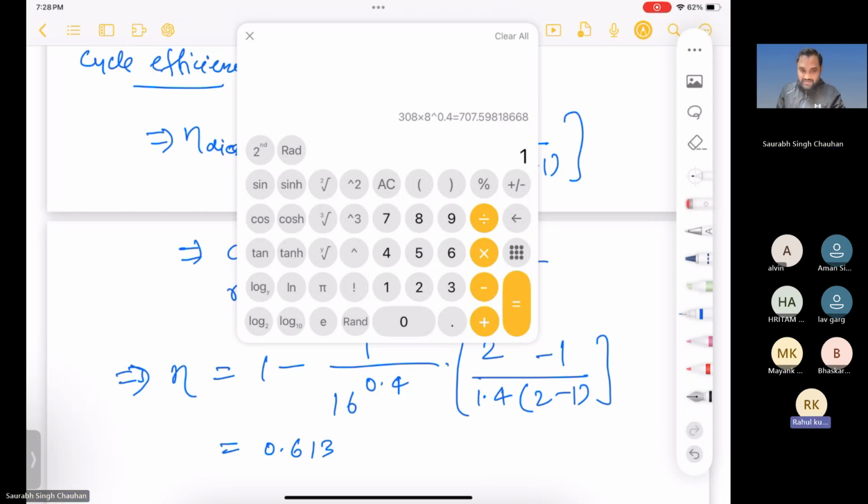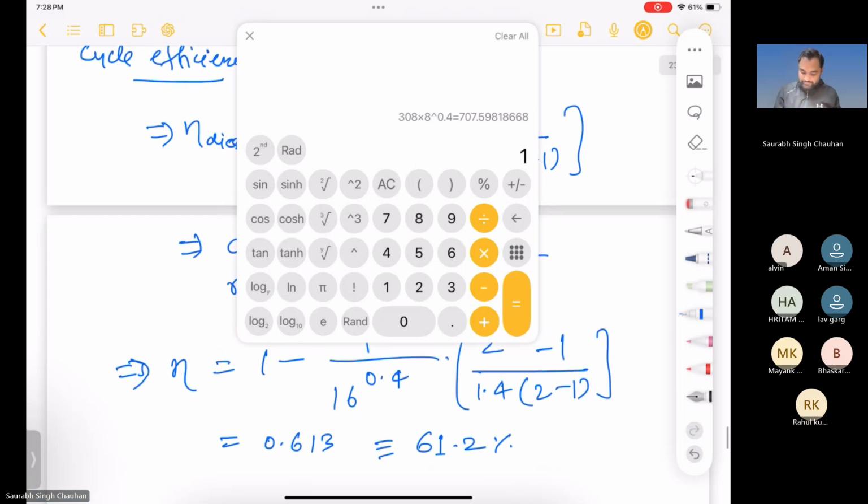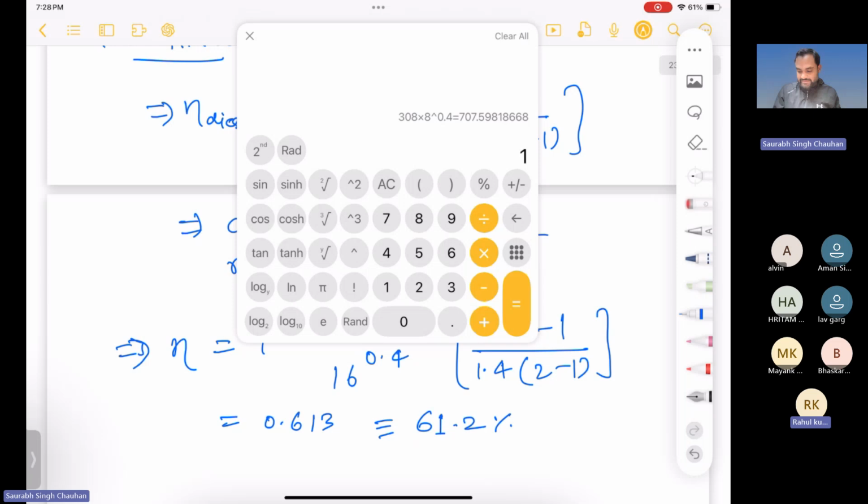But again, this is the ideal case, for cycle calculations, where you are not considering frictional losses and other types of losses. Engine efficiency will be around 40%, but for this ideal case 60% is fine. So we have got the efficiency.